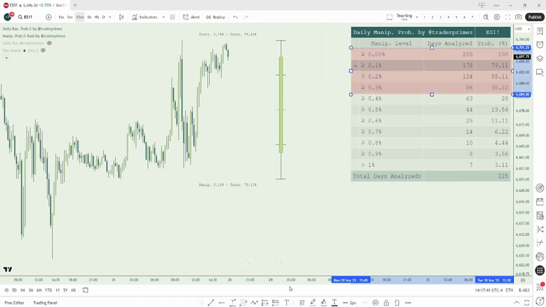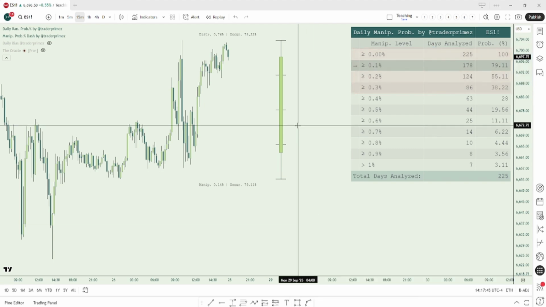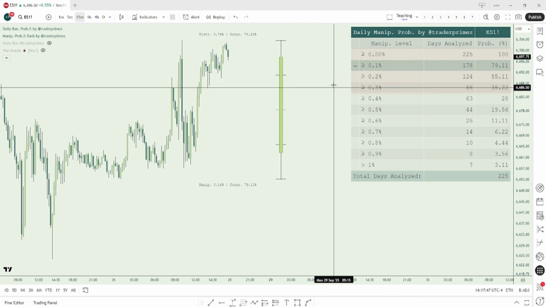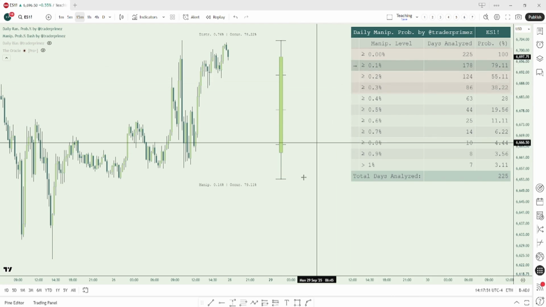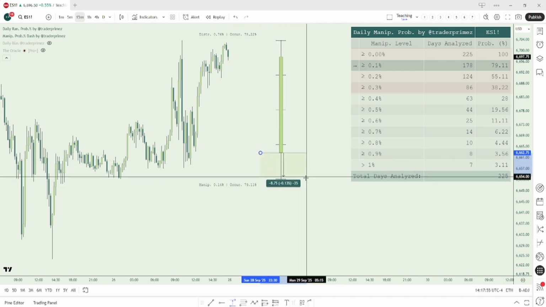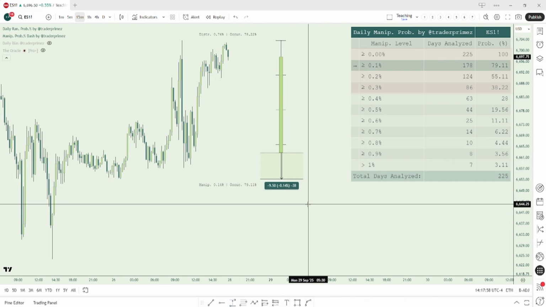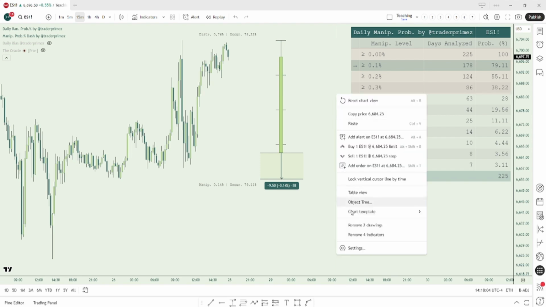It shows me that from 0.00% to 0.3%, there is a 50% chance, or actually more than 50% chance, that your daily candle wicks, no matter if it is a bullish day or a bearish day, the size of the wick is going to fall under these thresholds. Now, what do I mean by that?